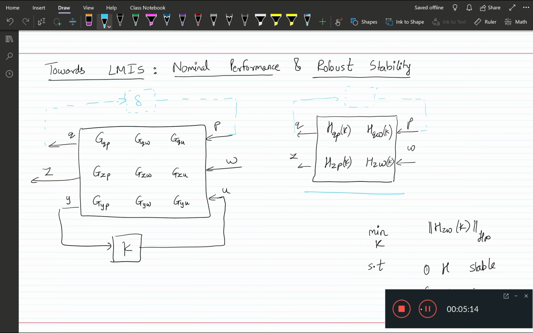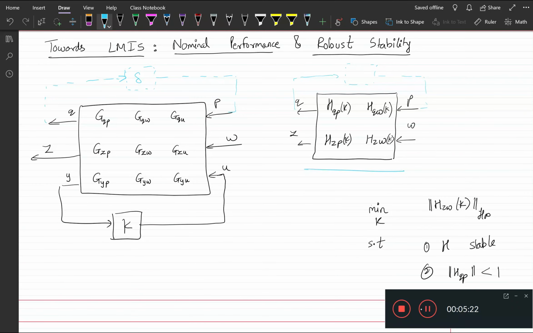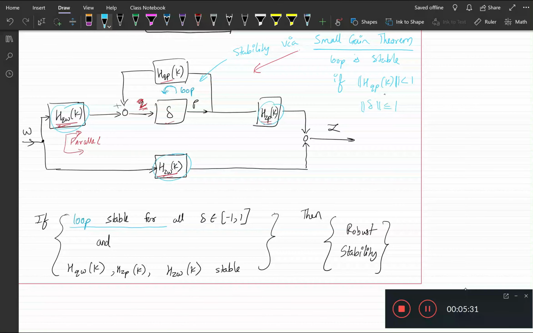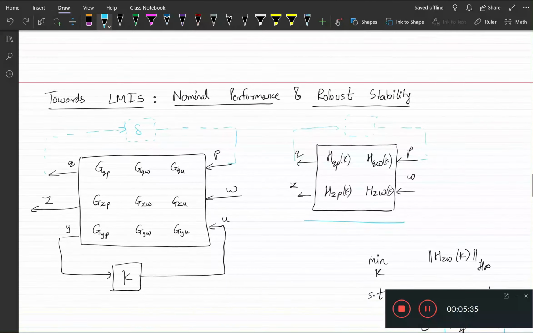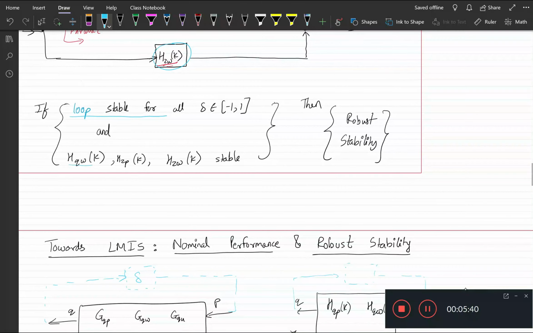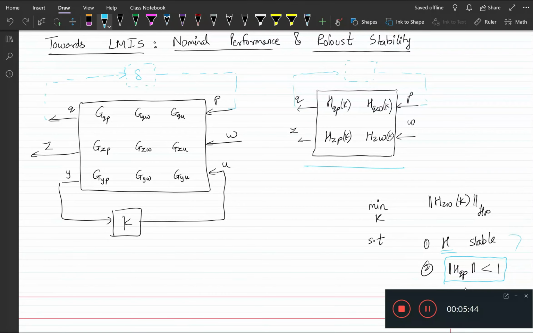Now we just saw that we have robust stability of the system if the HQP norm is less than 1. That would imply from the small gain theorem that this small loop, this loop here, would be stable. Additionally, if all the other transfer functions are stable, which are these, then we would have robust stability.